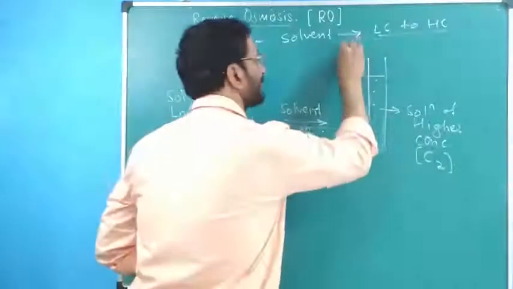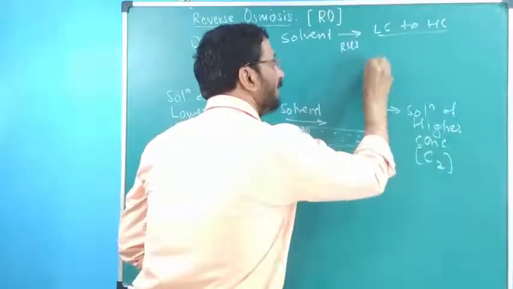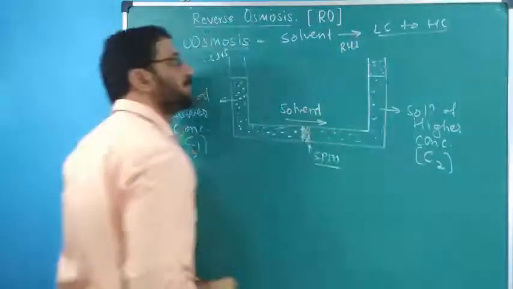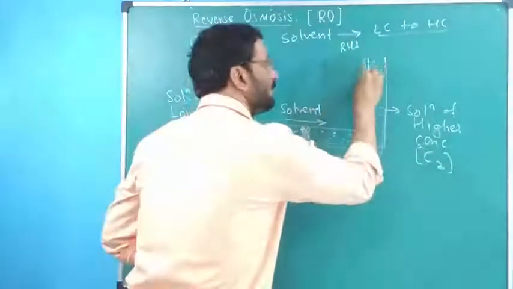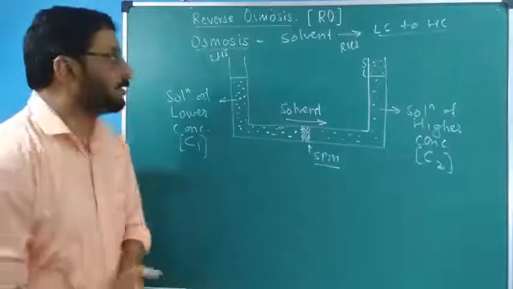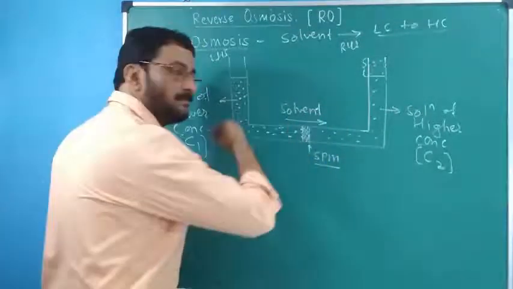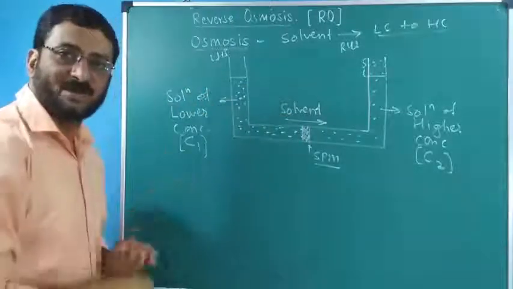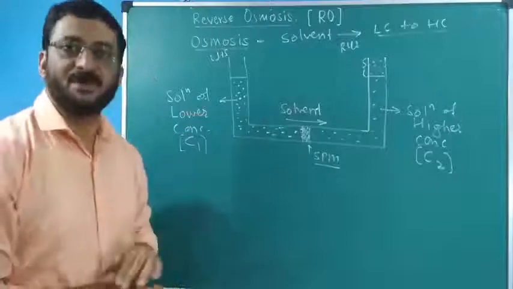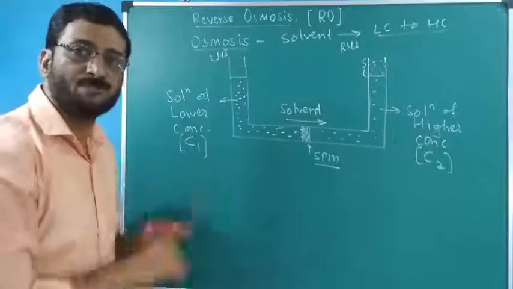On the RHS, the right hand side of the compartment, extra solvent will be there, so there is a rise in the level on the right side of the compartment. This process of flowing solvent from here to here continues till this water level creates sufficient pressure to counteract the flow, that is, to stop the flow.